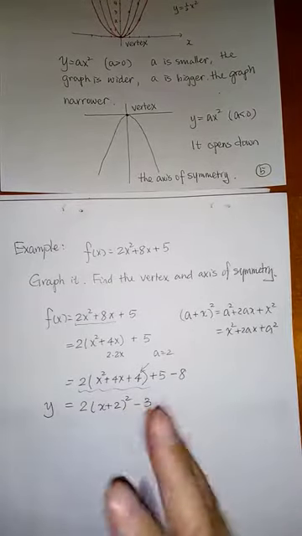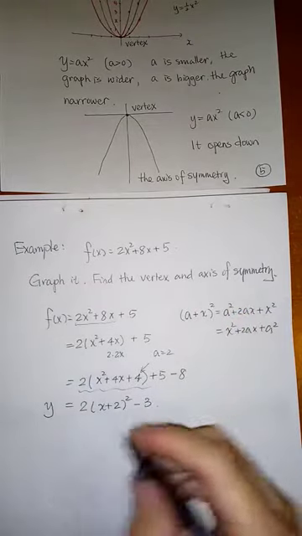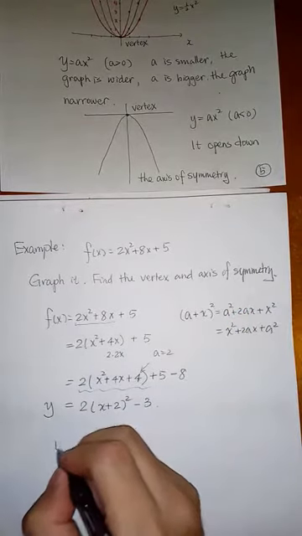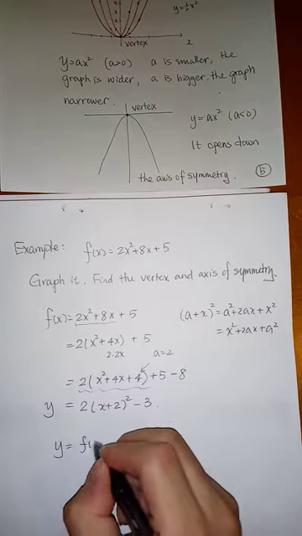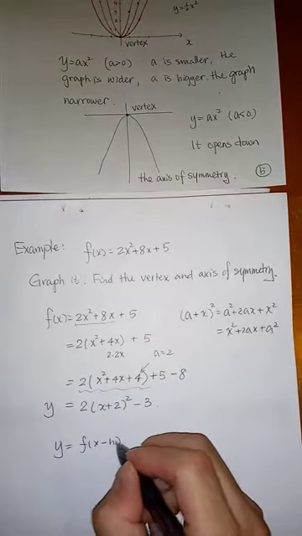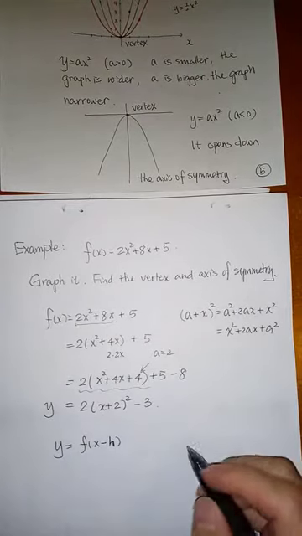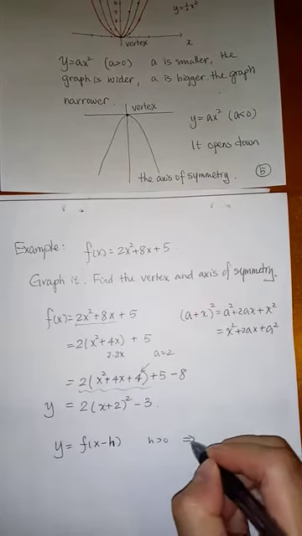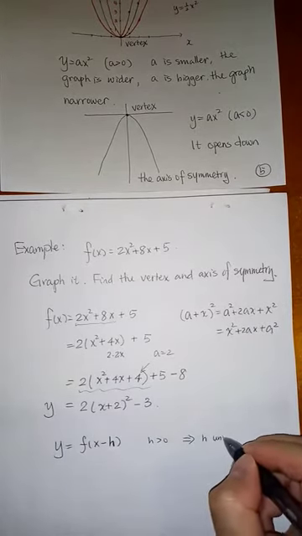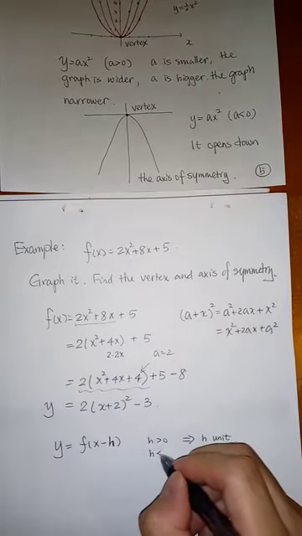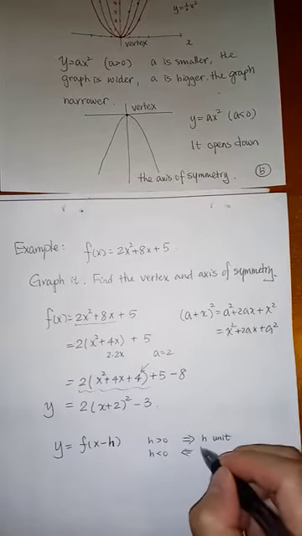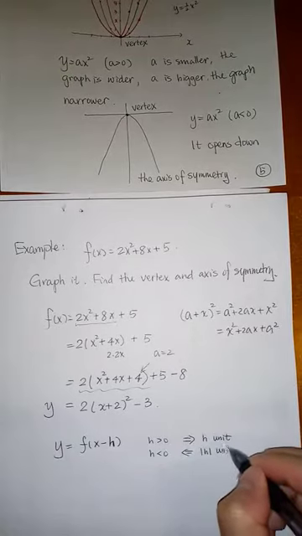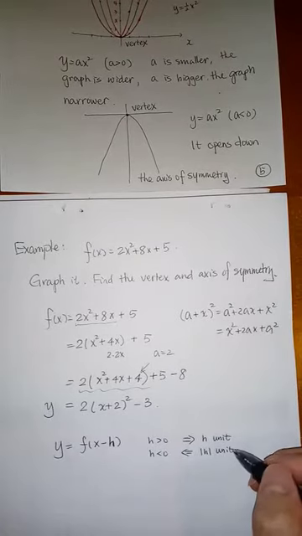In order to get the graph, remember we have the shift method, the shift idea. When you have y equal to f(x minus h), h positive, move to the right h units. h negative, move to the left absolute value of h units. Remember that?